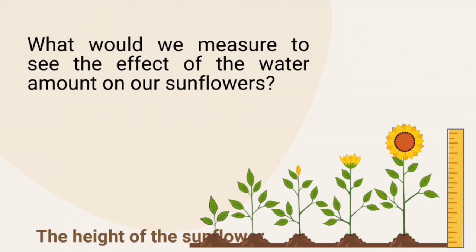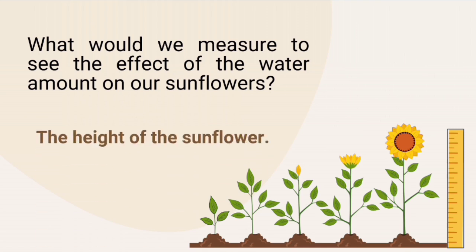So, the height of the sunflower is our dependent variable here, class. We'll measure the height of each sunflower to see if different amounts of water lead to different heights. The height depends on the amount of water it gets. That's our dependent variable, class. Remember that it depends on our independent variable.